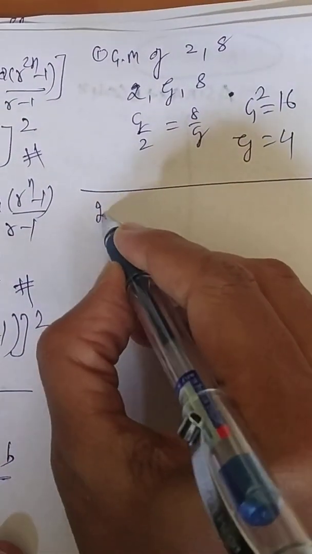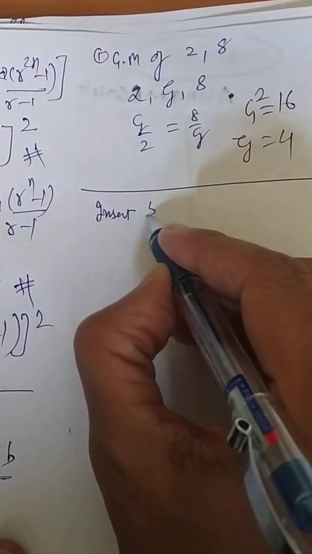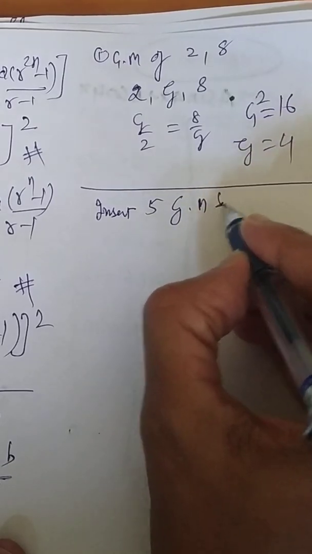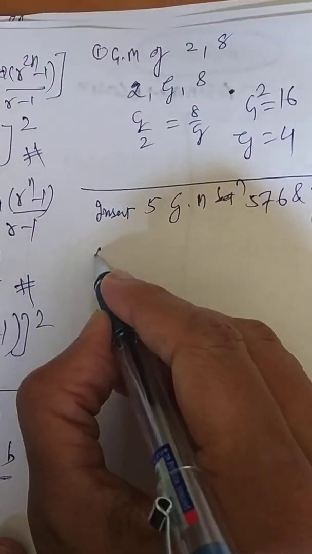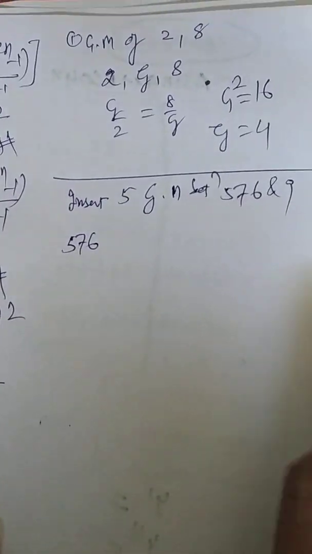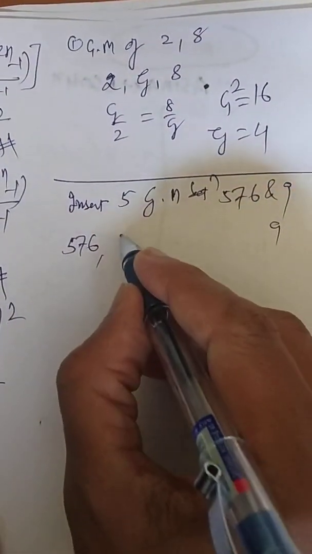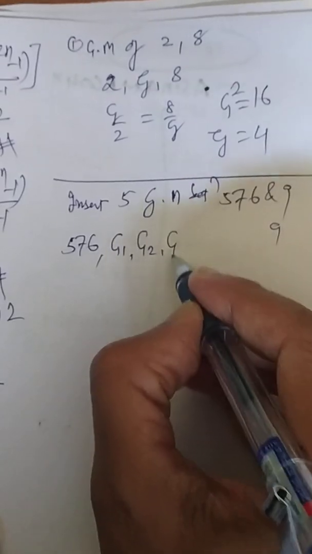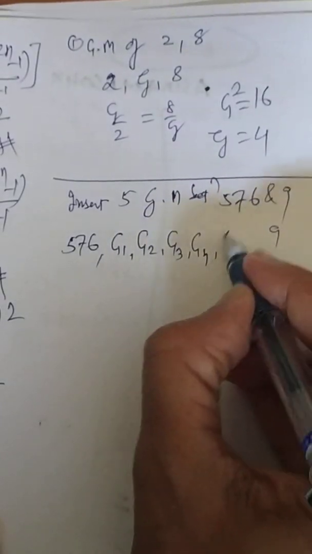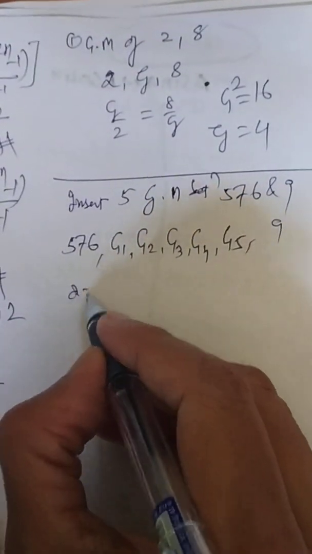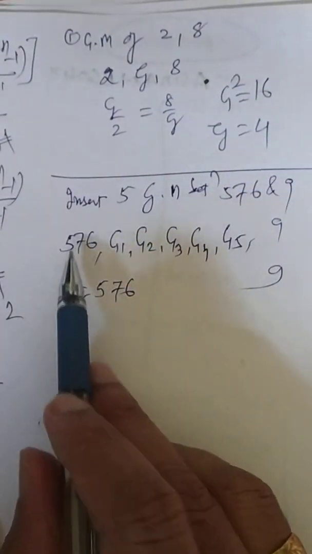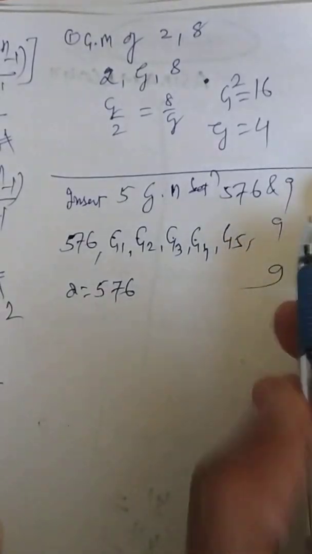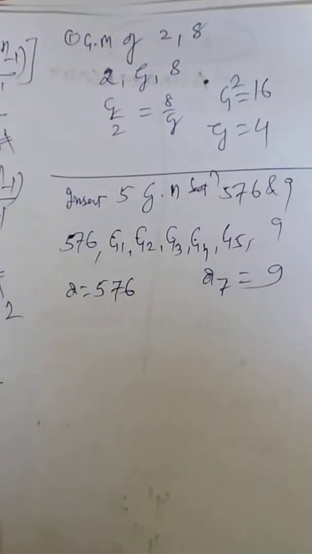The question is insert 5 geometric means between 576 and 9. So 576 is the first term over here. 9 will be the last term. It will be G1, G2, G3, G4 and G5. So A value over here is 576. 9 is now which term? 1, 2, 3, 4, 5, 6, 7. A7 will be equal to 9.